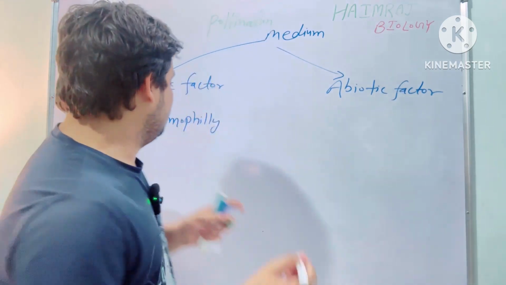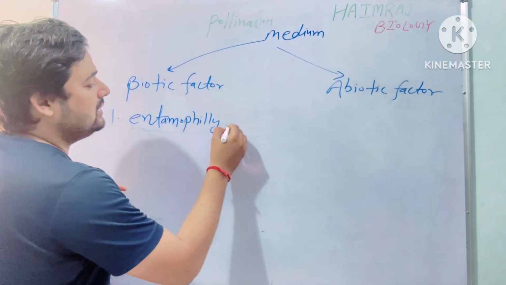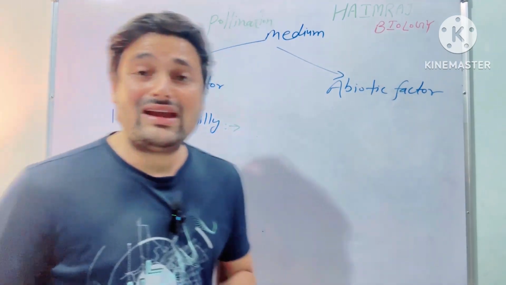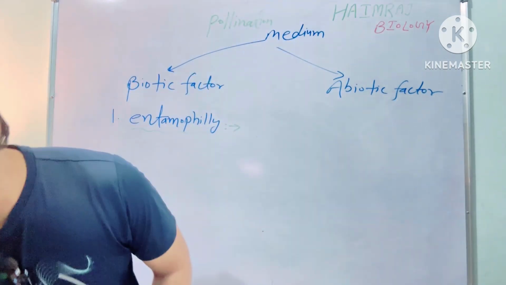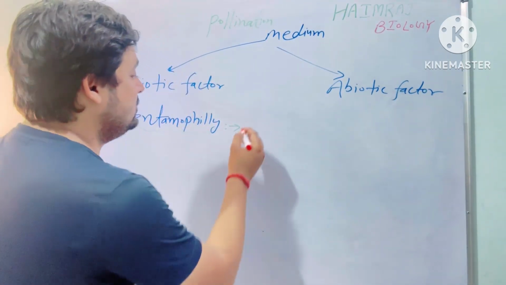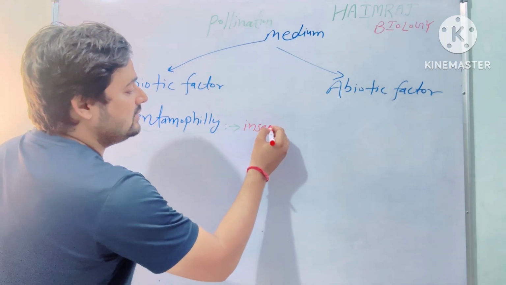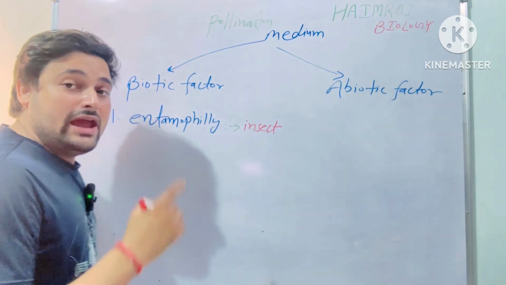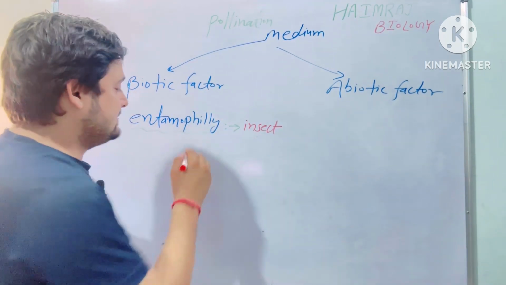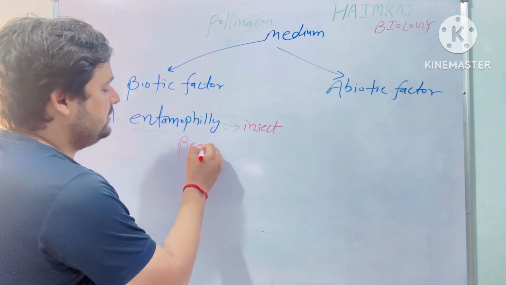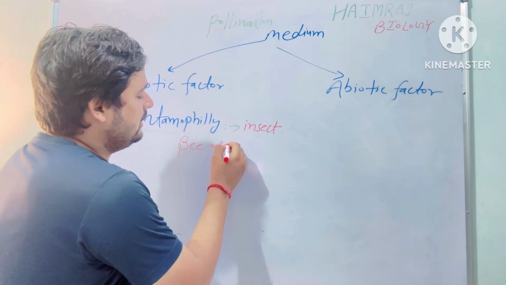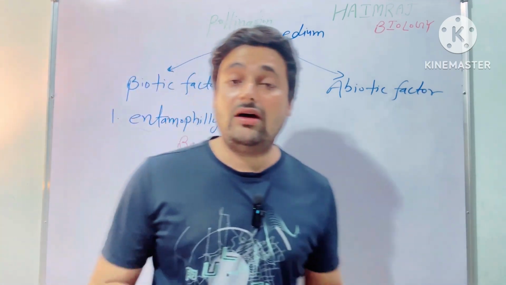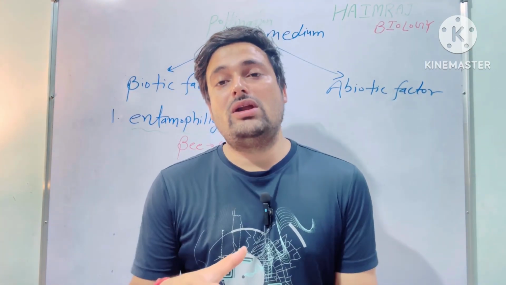So this pollination can be done by different kinds of insects, and insects come in the arthropoda section. Mainly bees are the main factor.